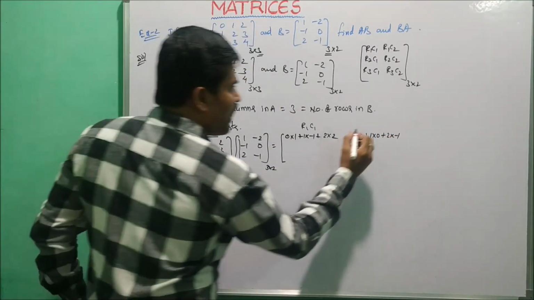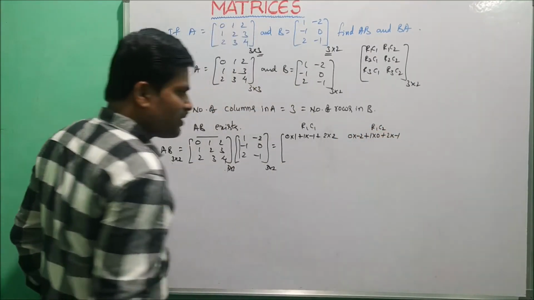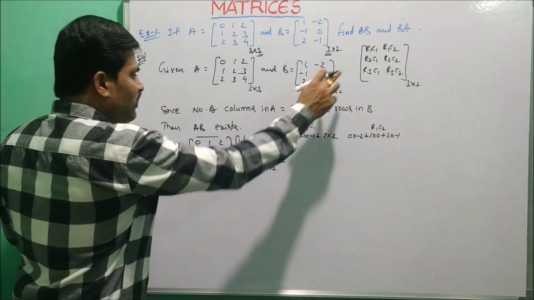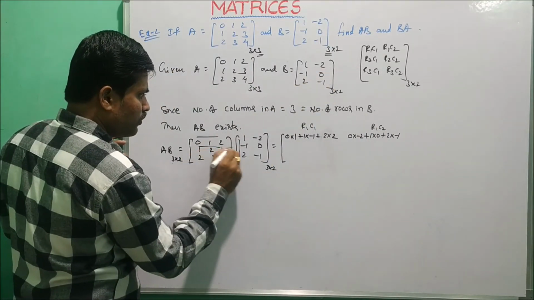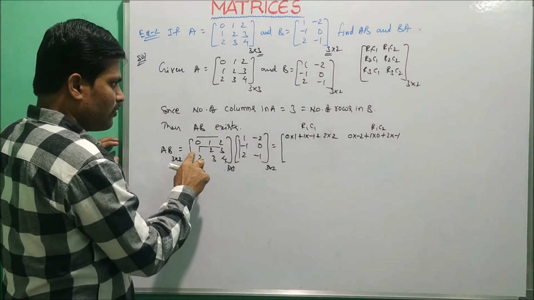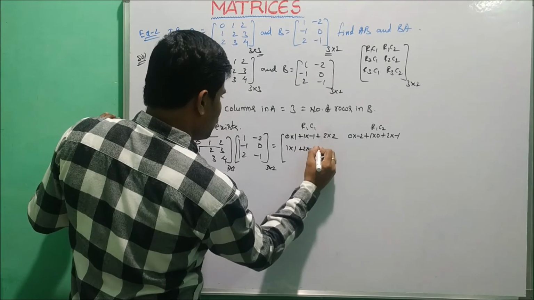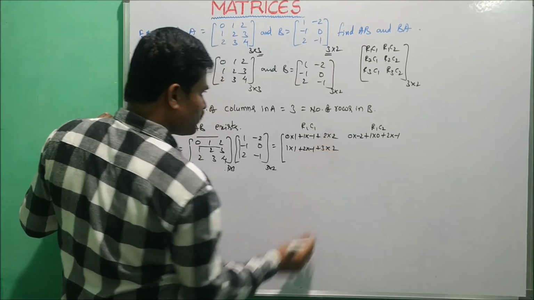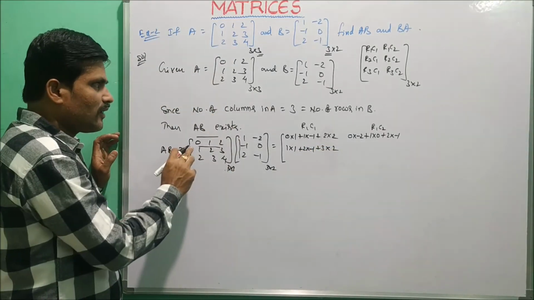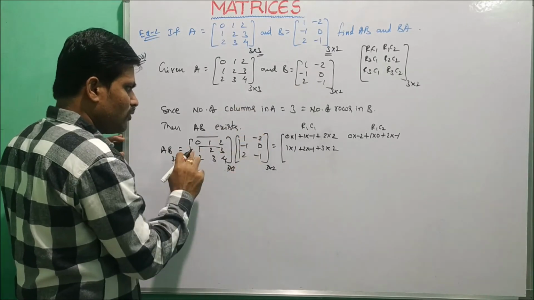So this is R1C2. Similarly, R2C1: 1 into 1 plus 2 into -1 plus 3 into 2.